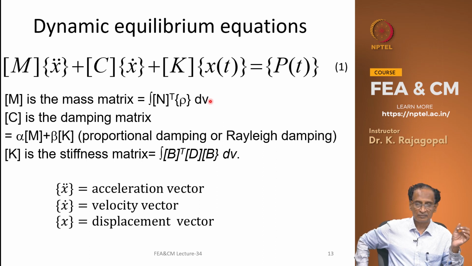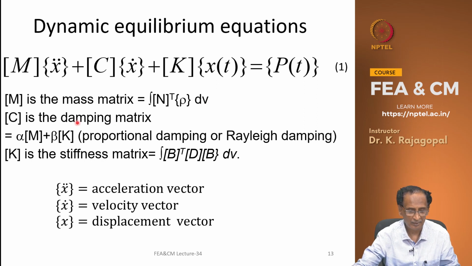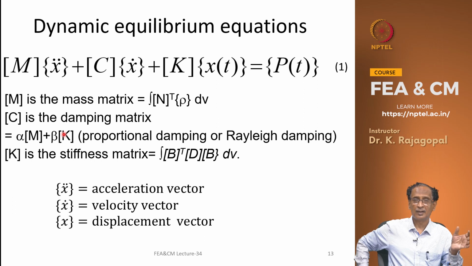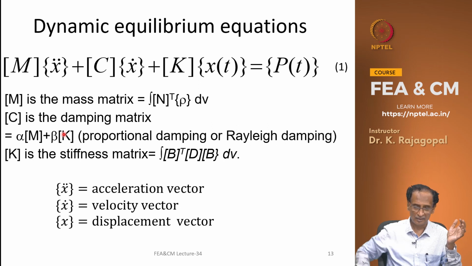distribution of the mass, and C is the damping matrix, and could be written in terms of the mass and stiffness as alpha m plus beta k. This is called the proportional damping or Rayleigh damping, and it's usually easy because once you know the stiffness matrix and mass matrix, you can get your C, and based on the values that you choose for alpha and beta, you can either have a mass proportional damping or stiffness proportional damping, whichever is more predominant, that you can decide.